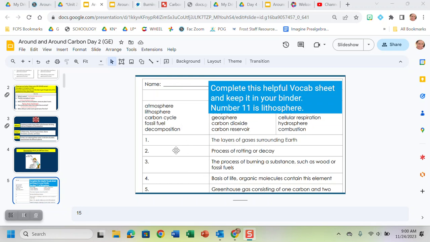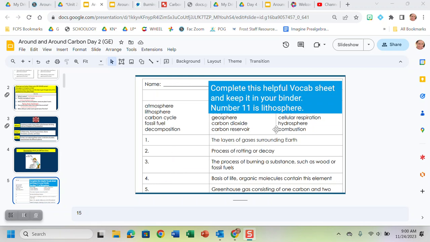I handed out a page that had a list of vocabulary and some definitions. I had a list of vocabulary: atmosphere, lithosphere, carbon cycle, and so on. And you were trying to match up those words to the definitions. So lithosphere is the one that we haven't really talked about. And so number 11 is lithosphere as you're filling out this piece of paper.